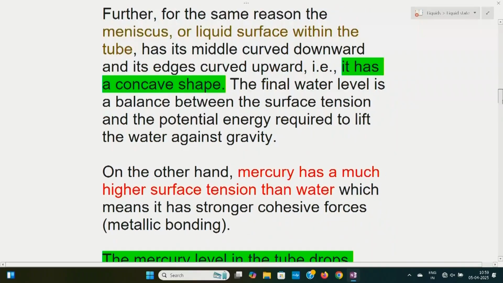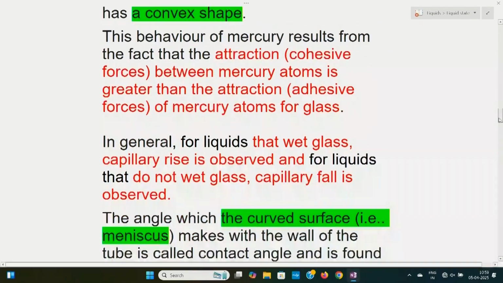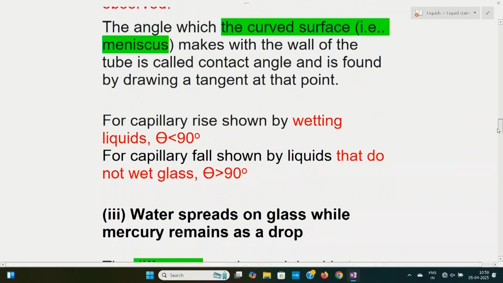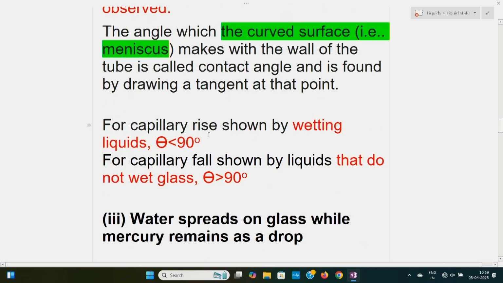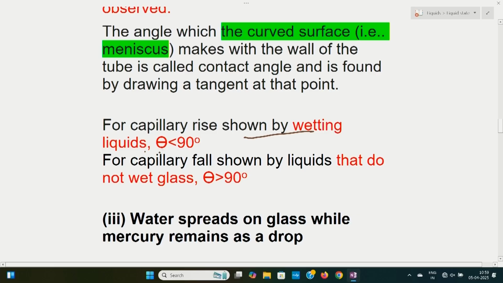Then we can conclude that for capillary rise shown by wetting liquids, wetting liquids meaning when water is in contact with the glass, theta will be less than 90 degrees. That is concave meniscus.